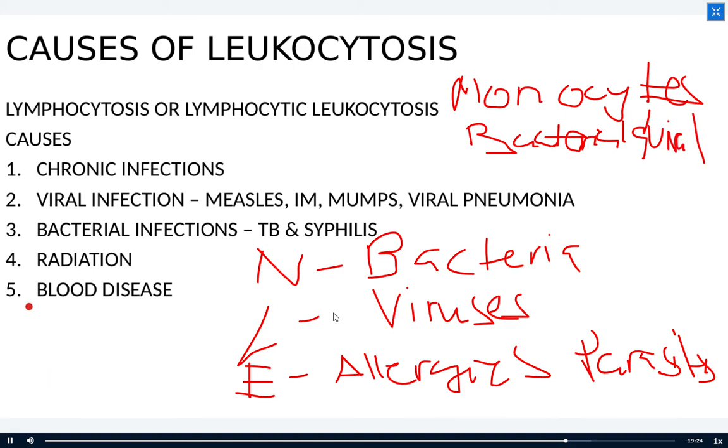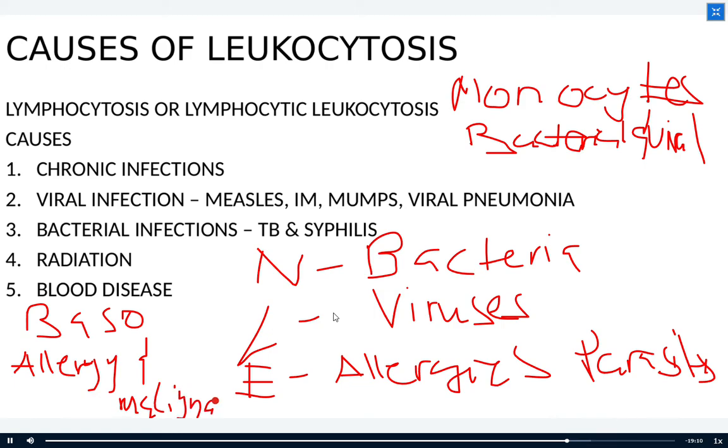And your basophil class usually involves allergy and malignancies. When I say malignancies, class, cancer. So when you have an increased baso, there could be malignancies sa body mo.